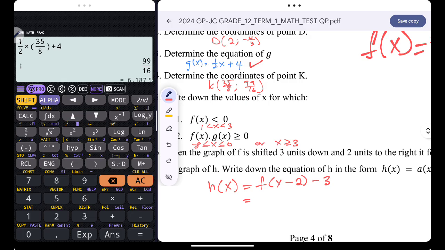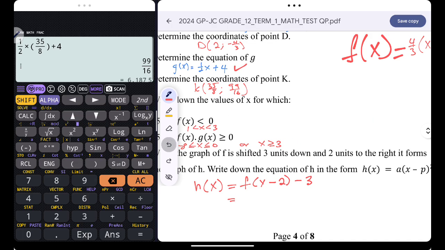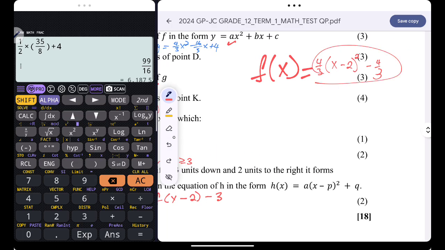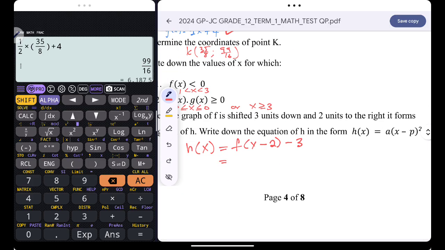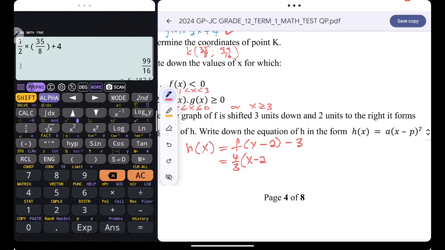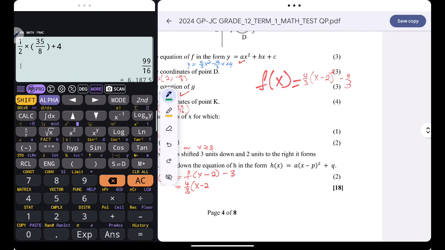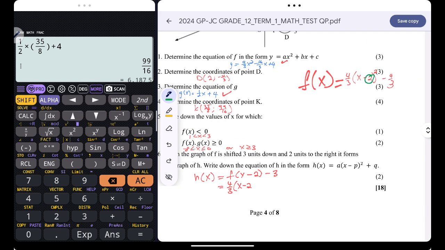I know that f of x is equal to this, right? So whenever I see x, I'll just substitute x minus 2. But remember that inside the bracket of f of x, there is a minus 2 over there. So I'll just write it like this.